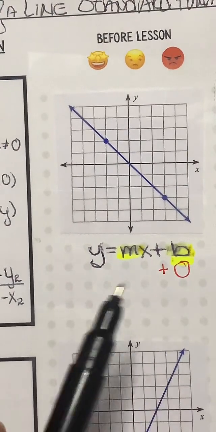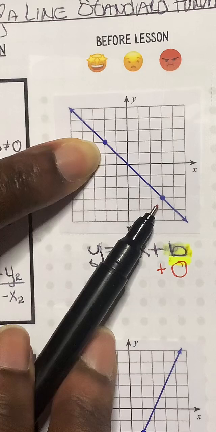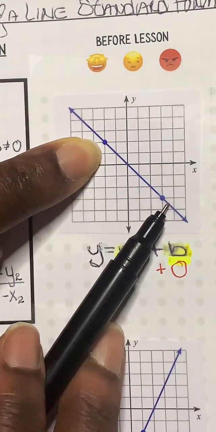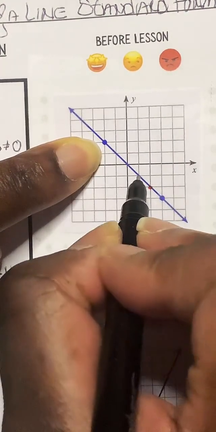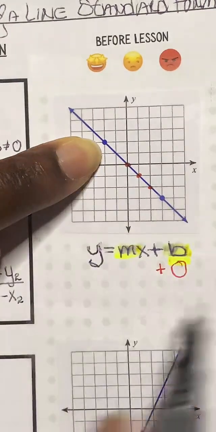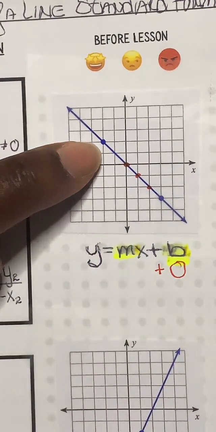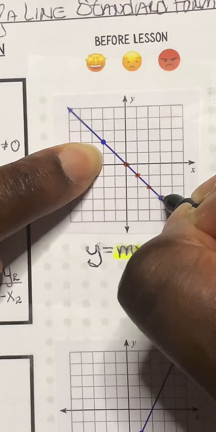As you could probably see, they're giving us 2 points. If they didn't give us points, we would want to see where the line is intersecting. It looks like it's intersecting here, and here, and we know it's intersecting right here at the origin. If we go from this blue point to this blue point, we can think of it as our slope.